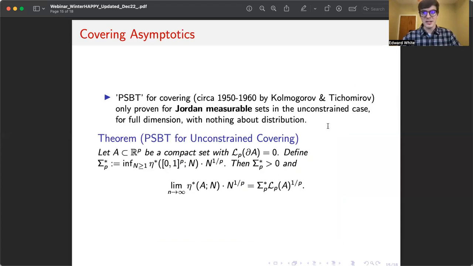So Kolmogorov and Tikhomirov had a lot of constraints in their proof. A very limited theorem, but still an earlier example of what this type of theorem would say about these asymptotics.